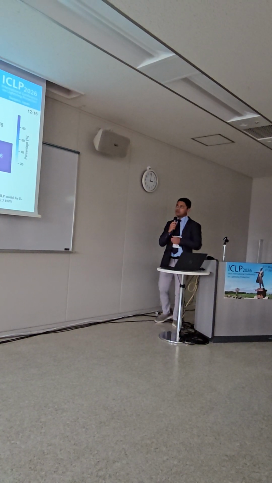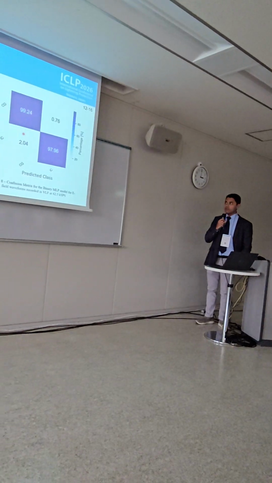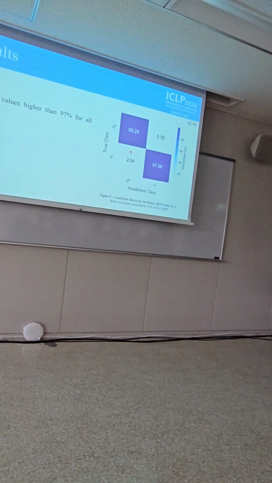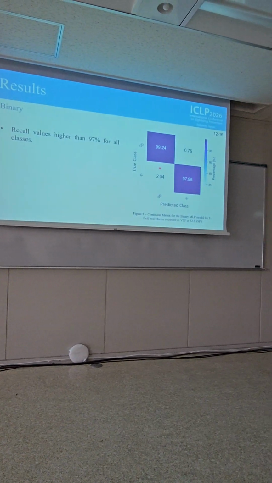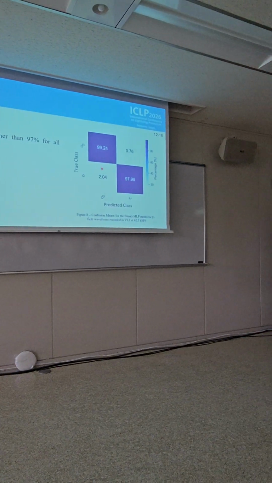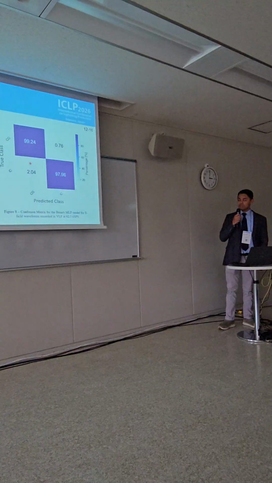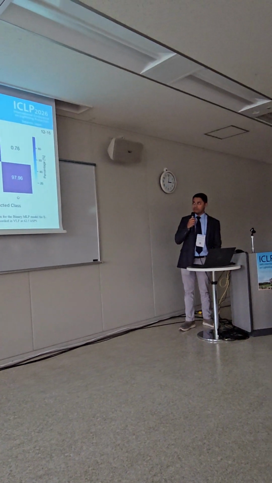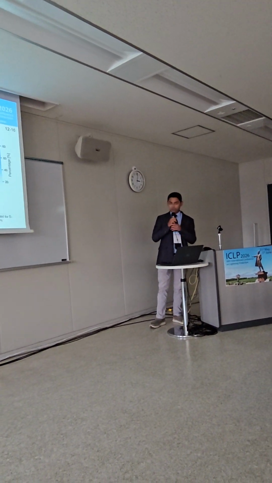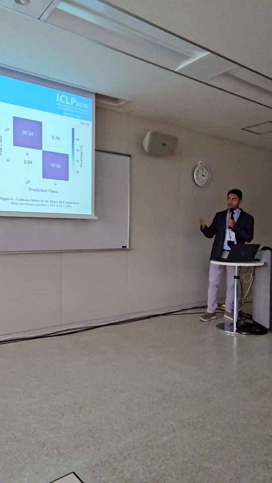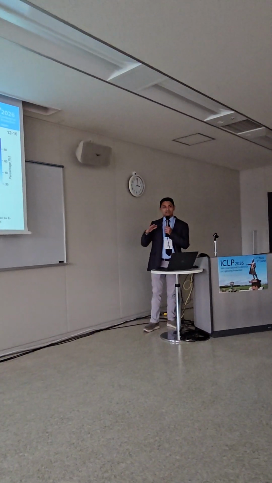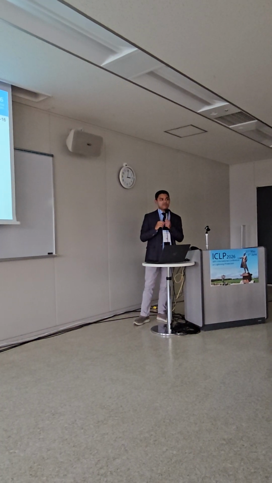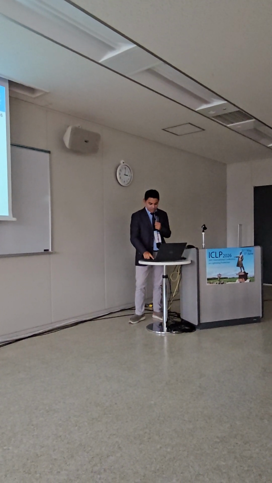We have here the results for the binary classification model, which is even better. We have a recall of more than 97%, which is very good for lightning classification. If we deploy this in a lightning counter, we can guarantee that more than 97% of the events will be correctly classified.